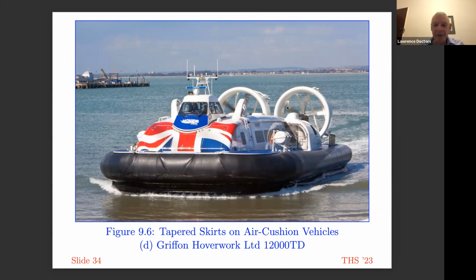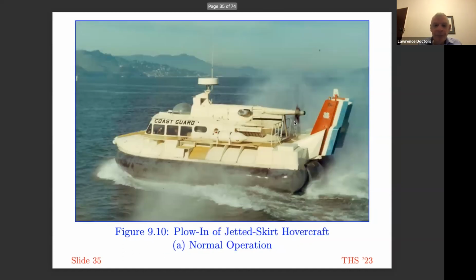So I would have thought, or well, I know from Newton's law, that having large ducts would provide a much more efficient propulsion system than smaller ones. The reason I'm showing this picture of the SRN5, a very early picture because one doesn't see any fingers in it, is that I'm pretty sure this is one of the very earliest skirts on the SRN5, because it would have been a jetted skirt.